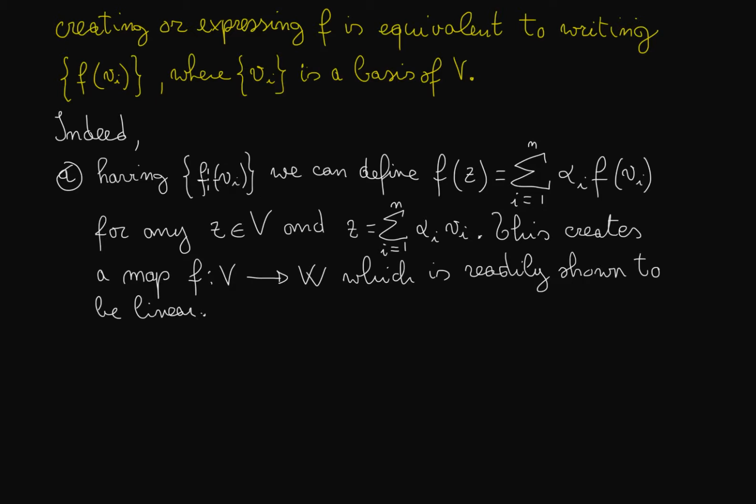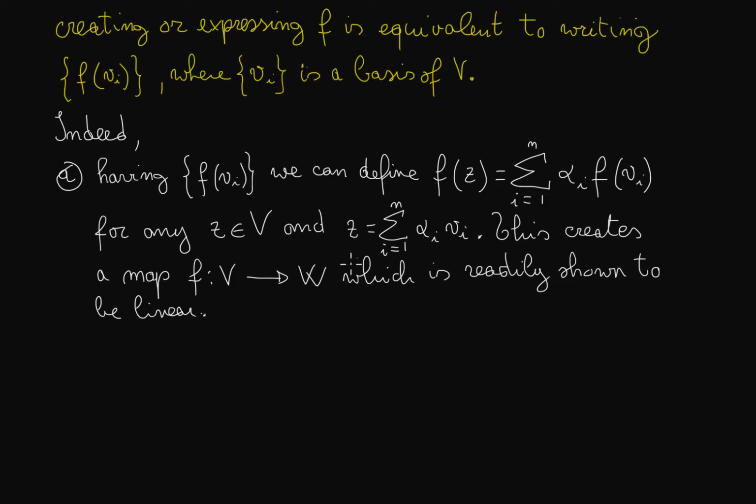So if we have these n randomly chosen elements in the codomain, we can define f on a generic element in the domain. Let's call this generic element z. Since it is a generic element in the domain, certainly there will be a unique linear combination that expresses z in terms of the basis vi that I fixed in the domain. Let's call alpha_i the coefficients expressing z in terms of the vi.